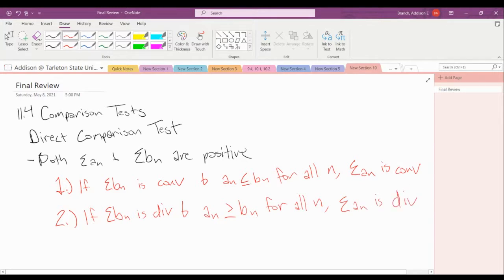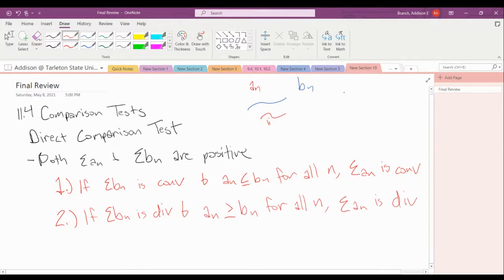Ultimately, this one mainly comes down to common sense. If we have series A and series B, and B is bigger than A, and we know B is a finite number, then A would have to be a finite number.